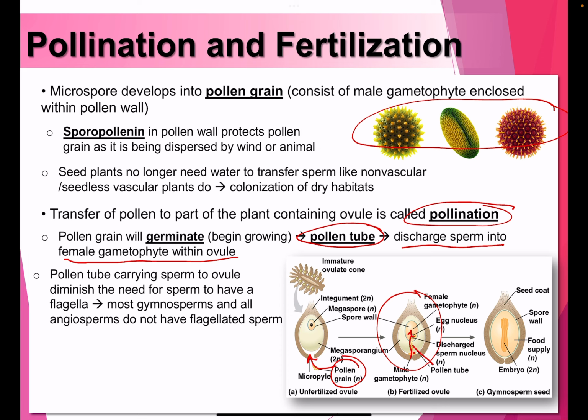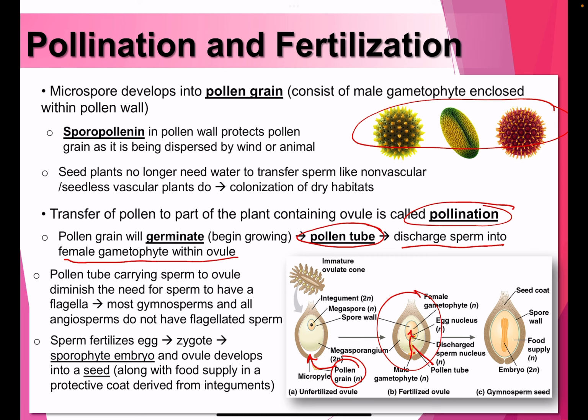Kind of like that natural selection theory where we said that whatever trait is best advantage for survival and reproduction will be preserved. Those that are not will be sort of selected off. In this case, flagellated sperm is no longer needed, so they are selected off from the system.